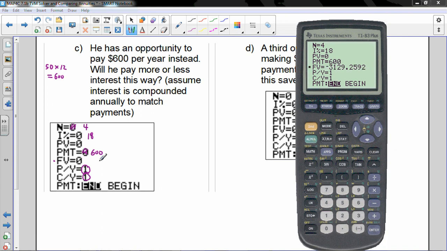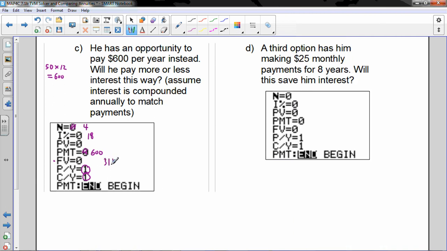Well, that was 3129.26. It's less money, isn't it? So the interest again is 3129.26, subtract the payments, 4 payments of $600, which is $729. Less interest, right?